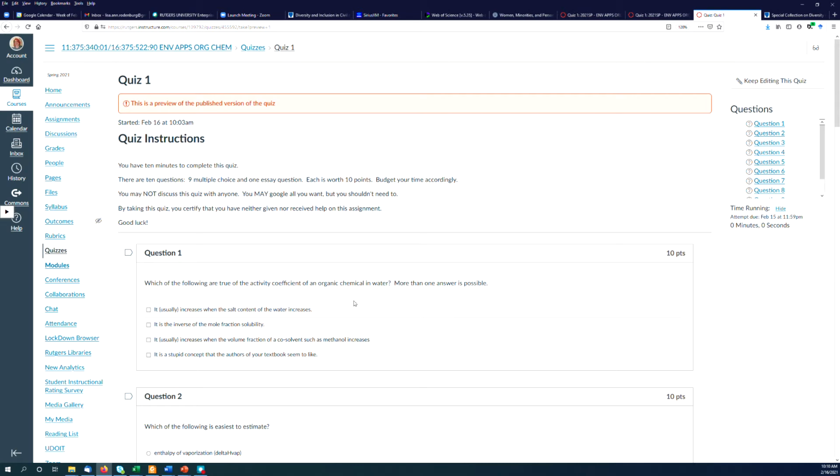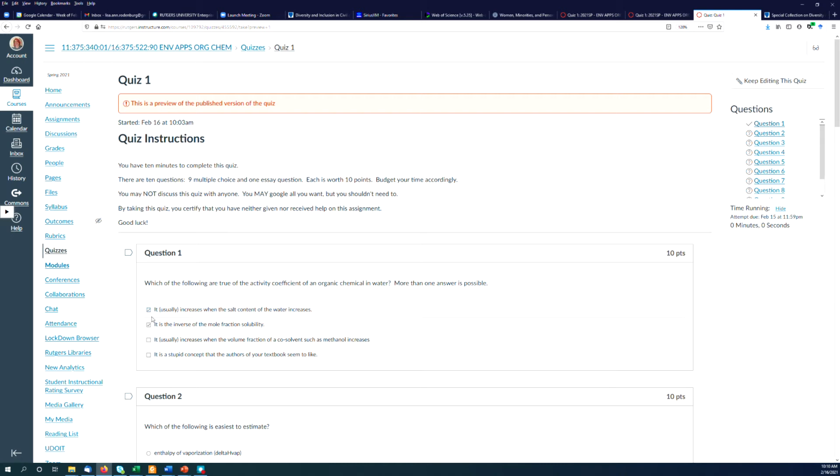So the activity coefficient of an organic chemical in water, first of all, is the inverse of the mole fraction solubility. So that is true. And because it's the inverse of the solubility, if the solubility goes up, the activity coefficient will go down, right? When the salt content increases, the solubility goes down, and so the activity coefficient should go up.